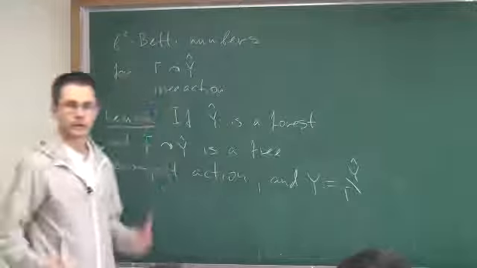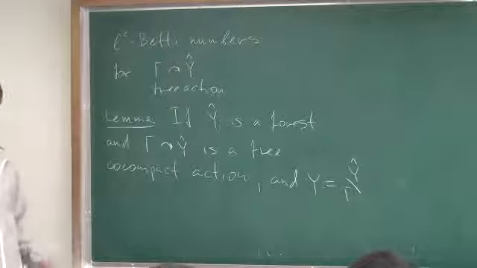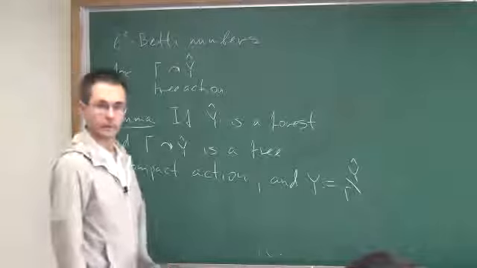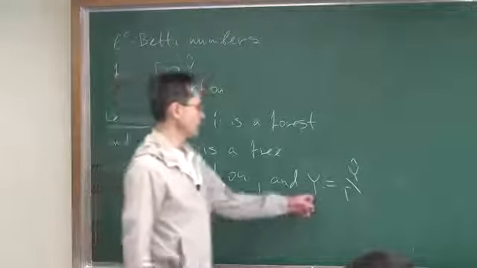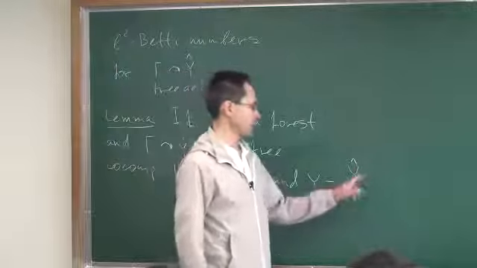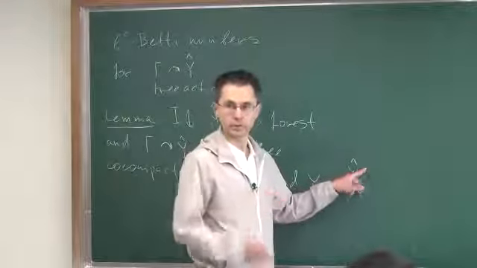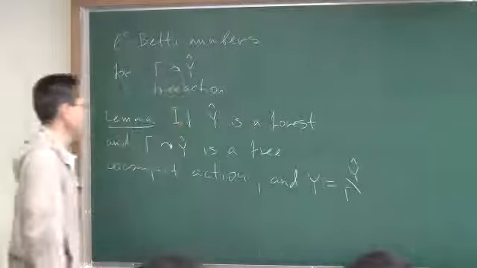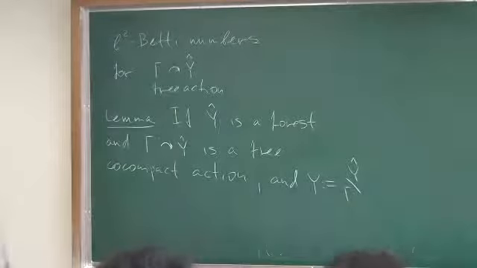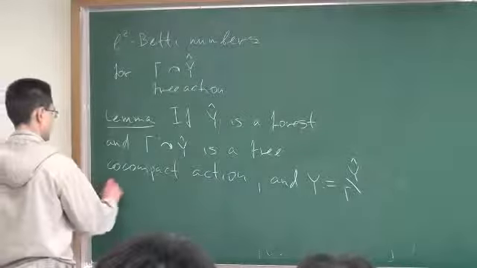So we take y hat and take the quotient by this action. So we consider the set of all orbits. One edge here is an orbit of edges in y hat. One vertex here is an orbit of vertices in y hat.